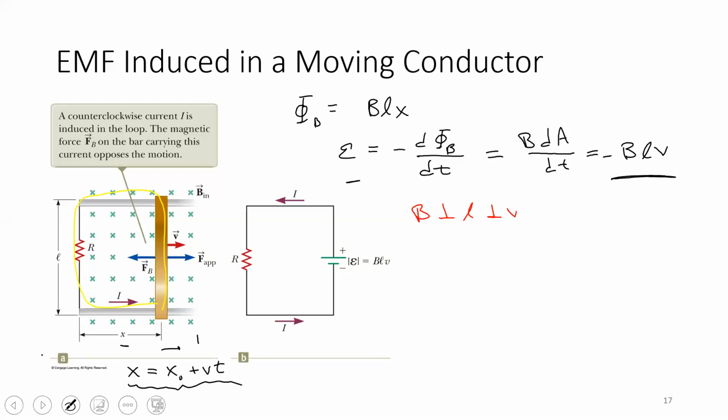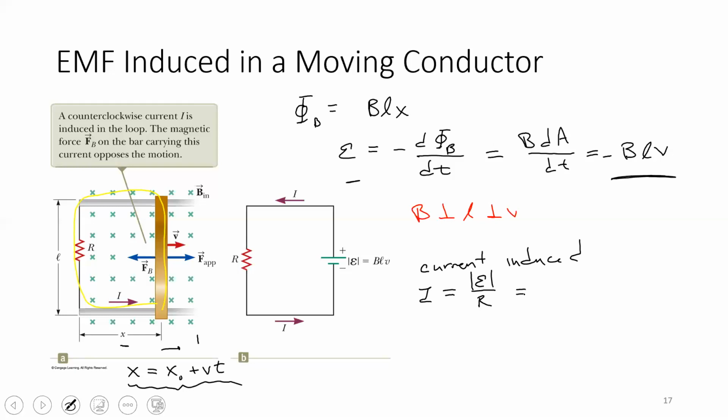The current induced here in this case is going to look like I equals our EMF divided by R, and we're just going to take the absolute value because the negative sign is just going to give us a direction.